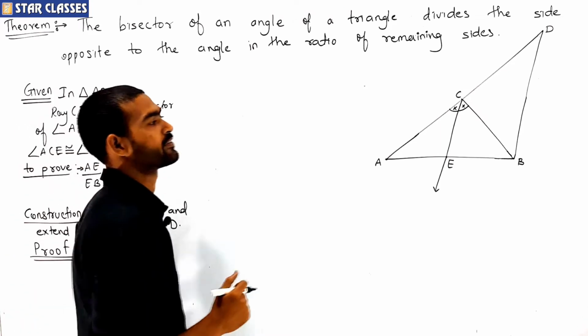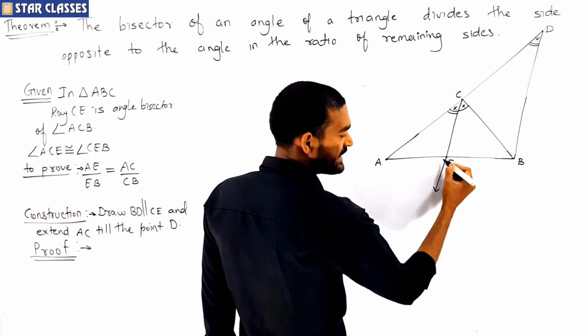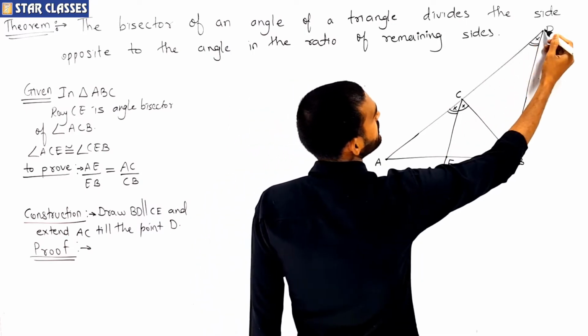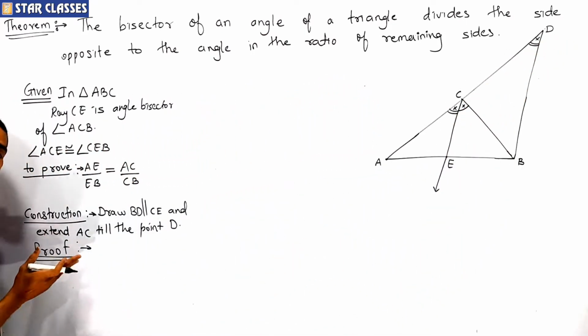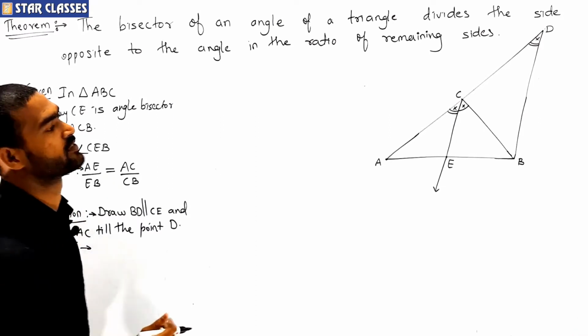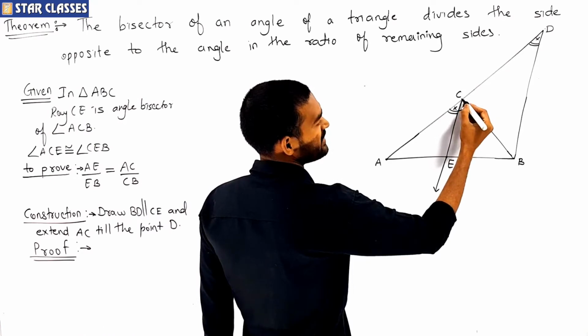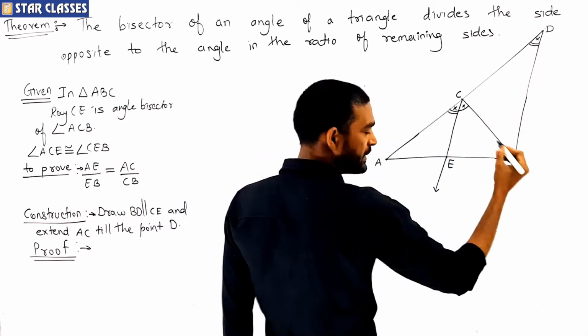Okay, now we'll start with proof. How we'll prove it? Let us see. Now we can see ray CE is parallel to BD.